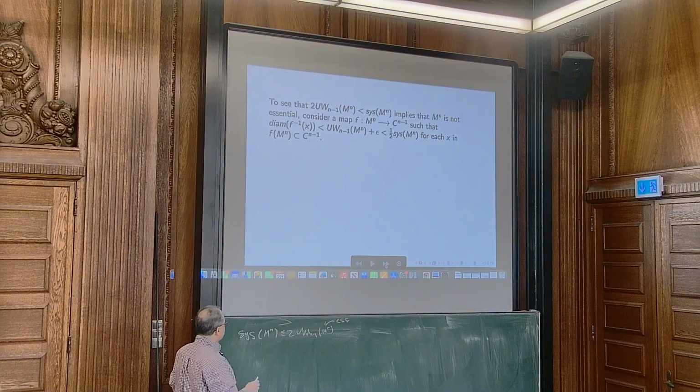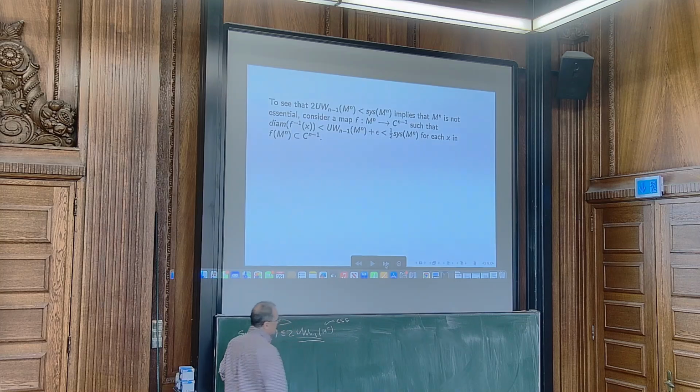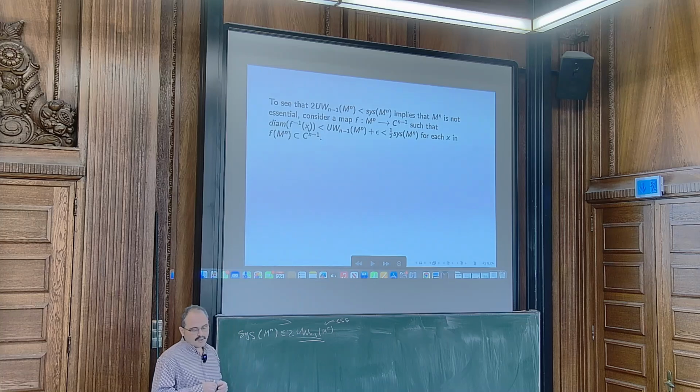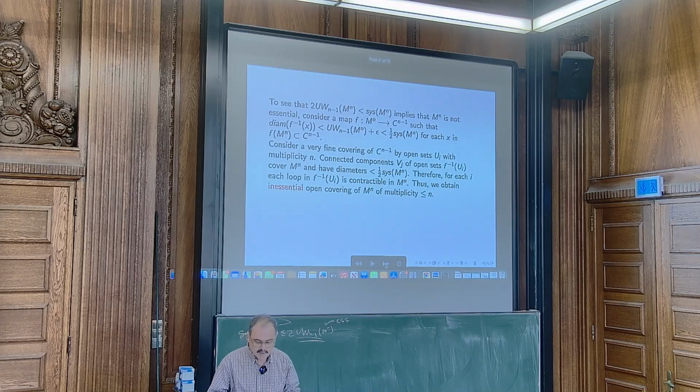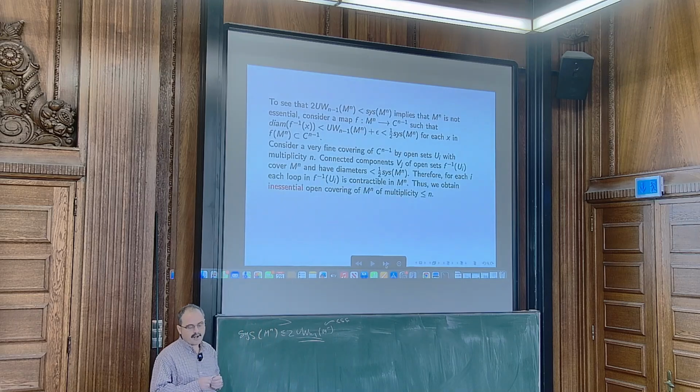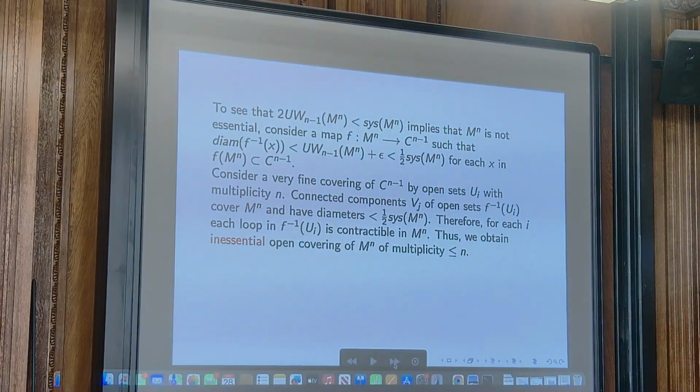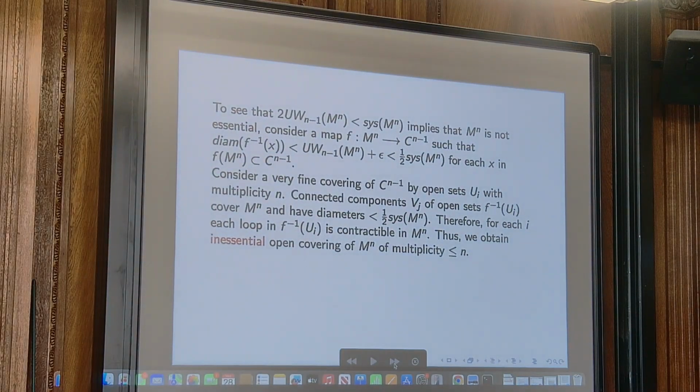How to do that? Let's start from the definition of Urysohn width. The definition of Urysohn width guarantees us a map from Mⁿ to some n minus 1 dimensional complex C, so that the diameters of inverse images of all points will be less than or equal to half of the systole under our assumption. Now we could consider a very fine covering of Cⁿ⁻¹ by open sets with multiplicity n.